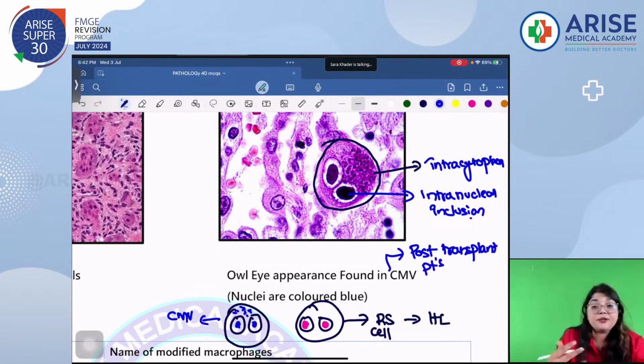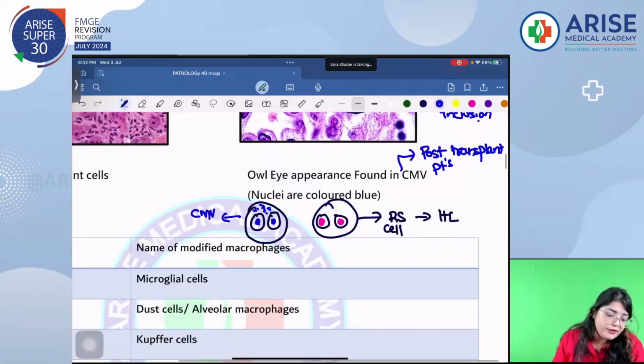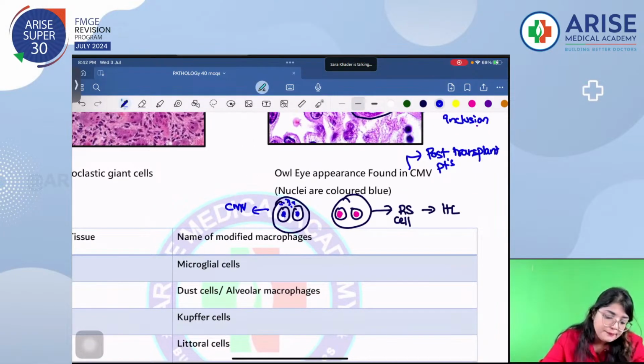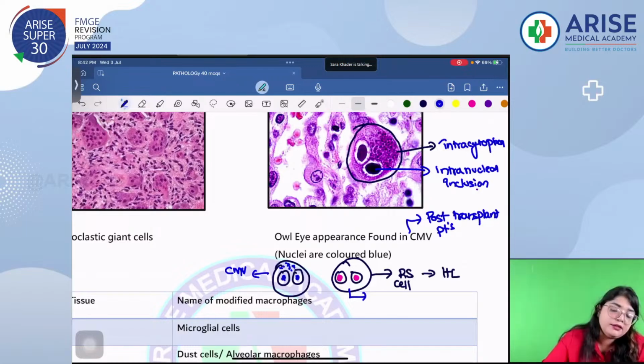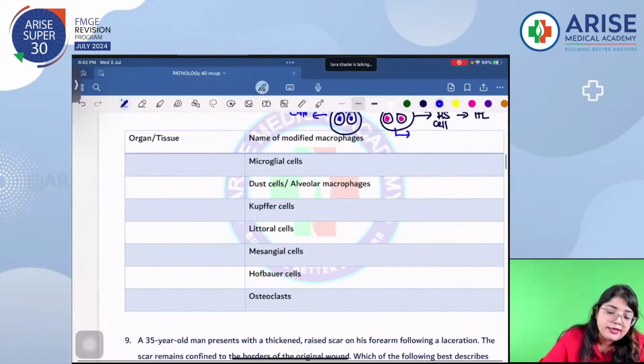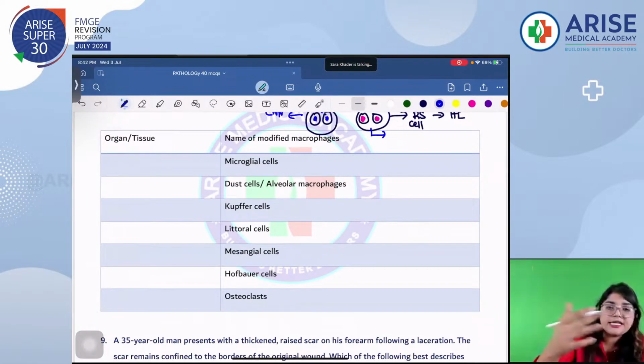This is a previous year question that you need to remember. Very important. This is your classical Reed-Sternberg cell, right? Plus all these giant cells are made up of nothing but macrophages. So this is one more PYQ that you need to remember.